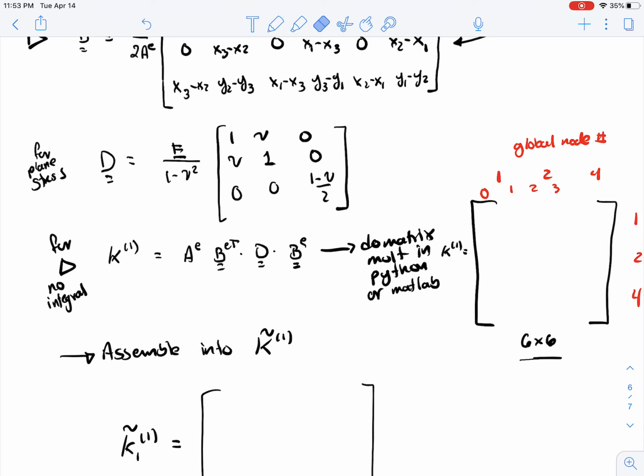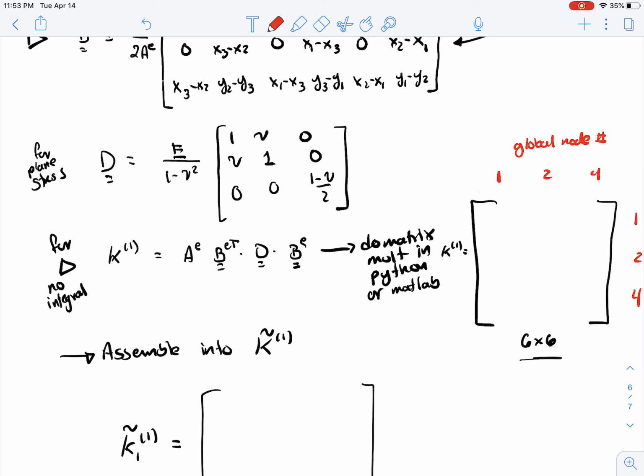So this is, well, 0, 1, 2, 3, or I should do it with the other indexing. Let me do it with 1, 2, 3, 4, 5, 6. So you can see that now node 1 gets associated with 1 and 2. Node 2 gets associated with 3 and 4.